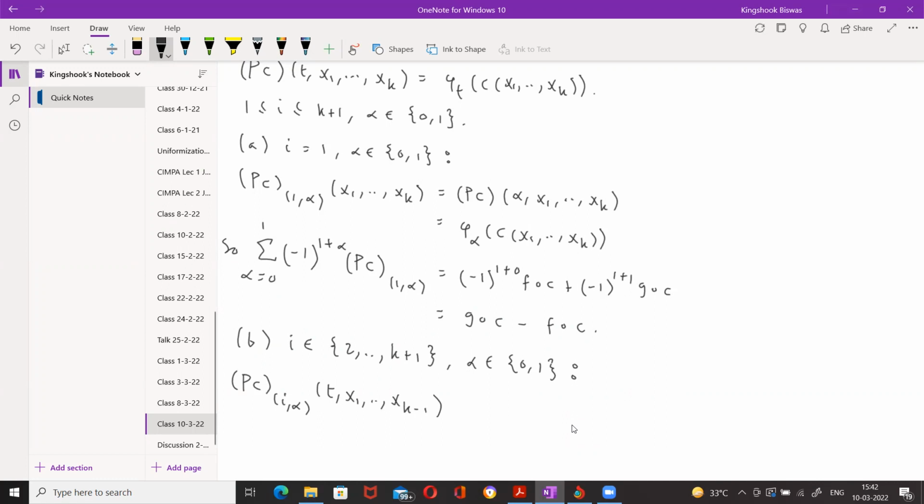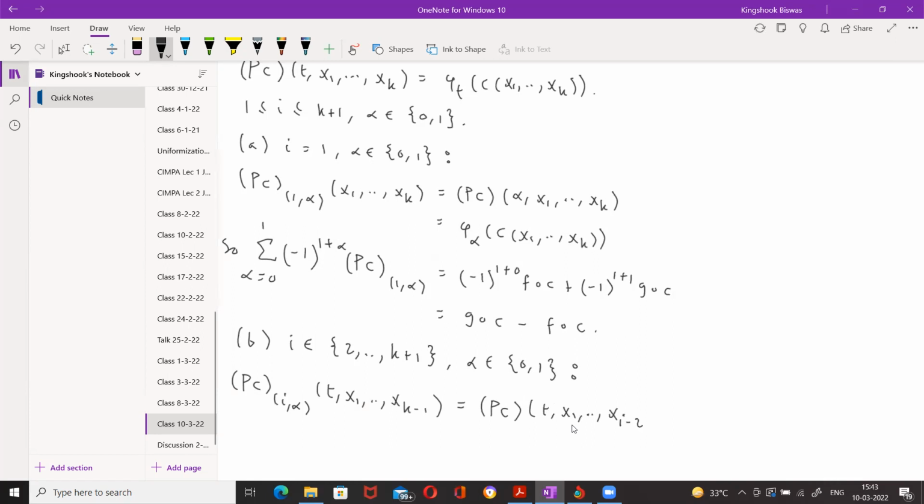Basically, PC of alpha will be in the ith position, so i is between 2 to k plus 1. That means I will have i minus 1 terms. So I'll get PC of t comma x1 to x i minus 2.